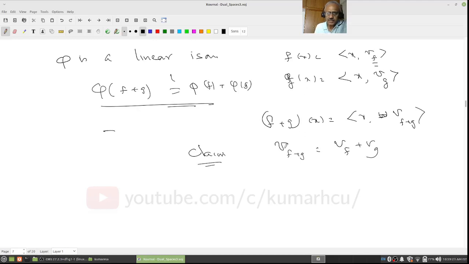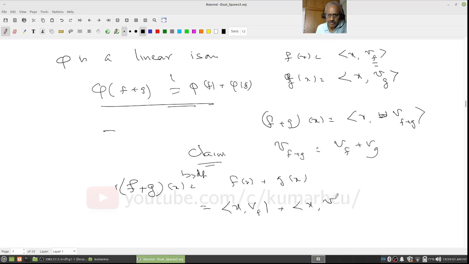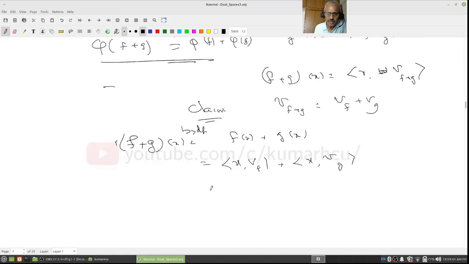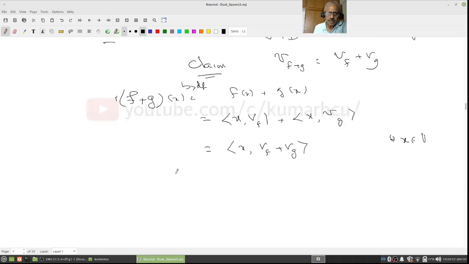Let us look at this. Okay. This is clear. Why? Because let us look at f plus g at x. It is fx plus gx, by definition. But this fx is the inner product of x with v_f, plus the inner product of x with v_g. Is that okay? And using the bilinearity, this is the inner product of x with v_f plus v_g, and this is true for all x in V. But I know this is nothing other than the inner product of x with v of f plus g by our construction.